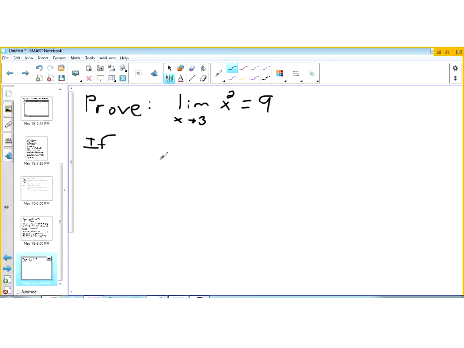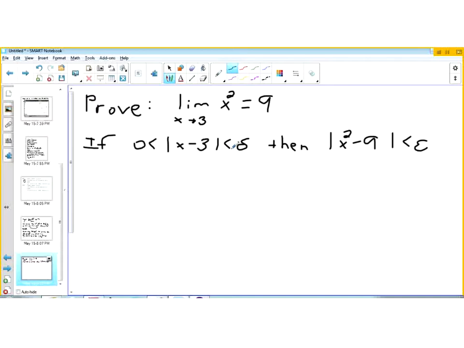If this limit were to exist, then this statement must hold. If we're within delta units of 3, which is what this statement means, then the output of f of x must be within epsilon units of 9.